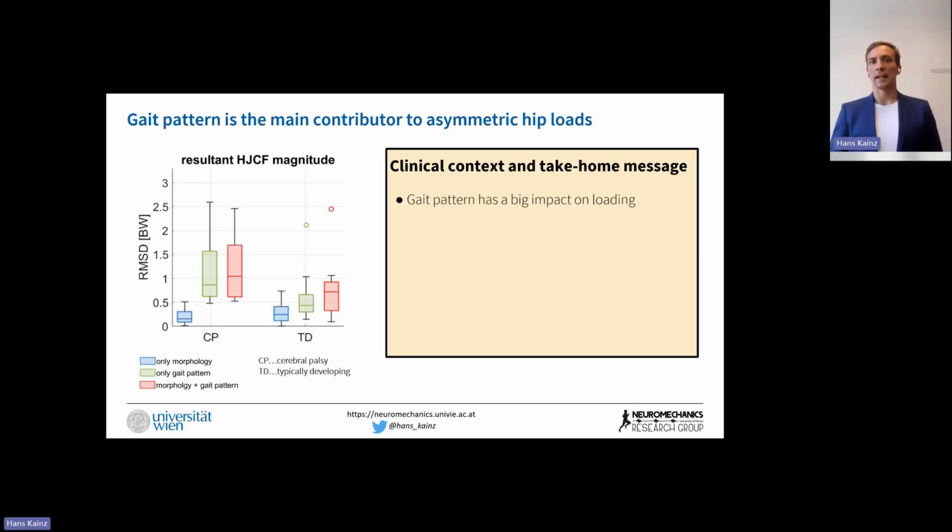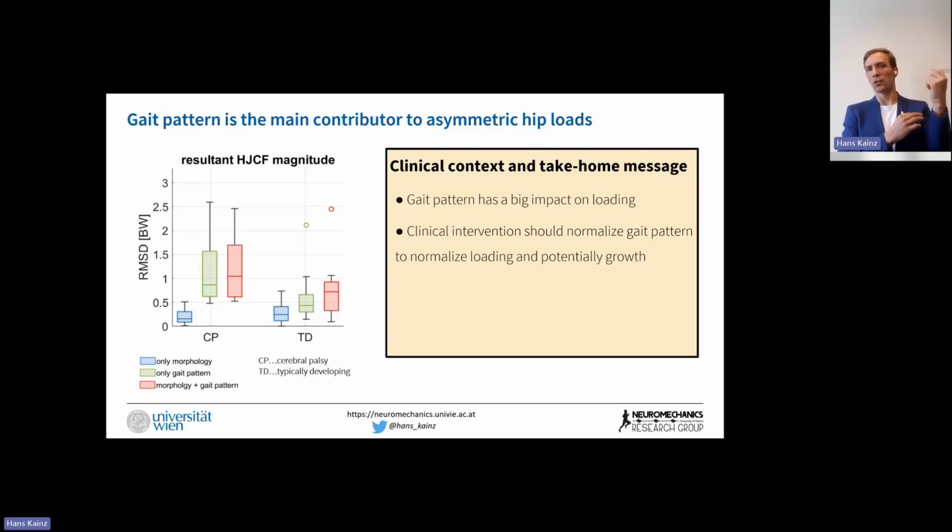Summarizing, gait pattern had a really big impact on joint loads. We therefore believe, from our point of view, that clinical intervention should not only normalize the pathological geometry, but should also try to normalize the loading situation and therefore potentially the growth of the femur, of the bones.